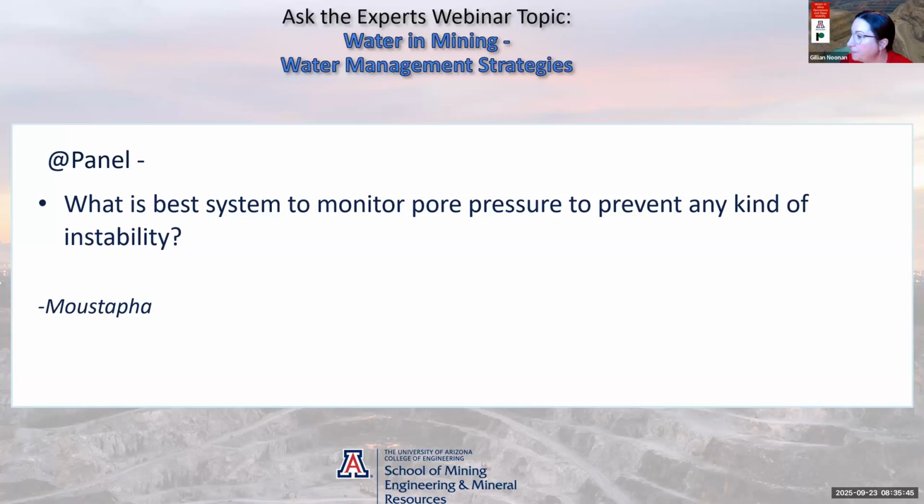Thanks, Paul. Yeah, well, I think it's really useful to have an idea of what types of instability mechanisms may occur in the slope sectors or the pit of interest, and then try and place the monitoring in areas of geotechnical risk or geotechnical concern.